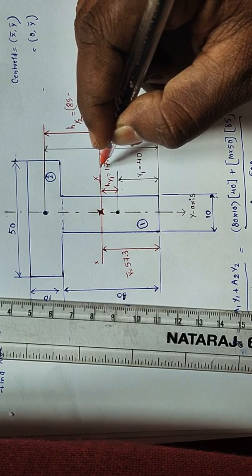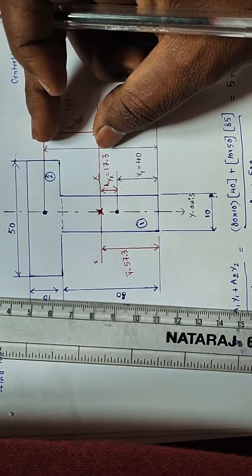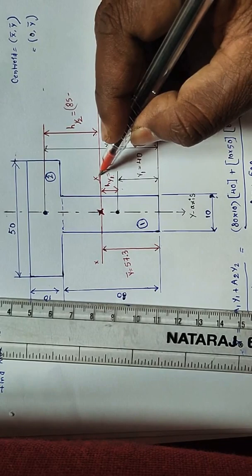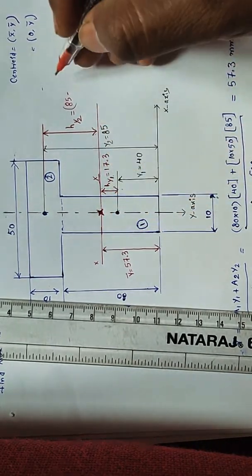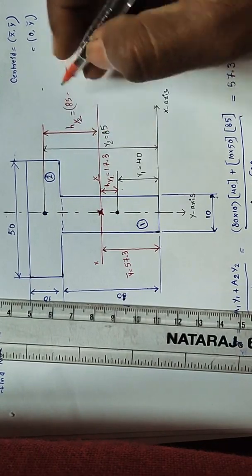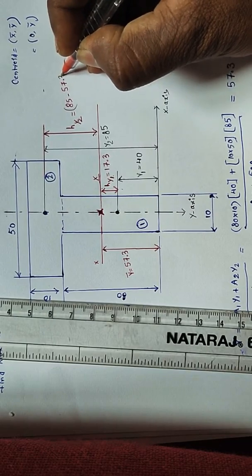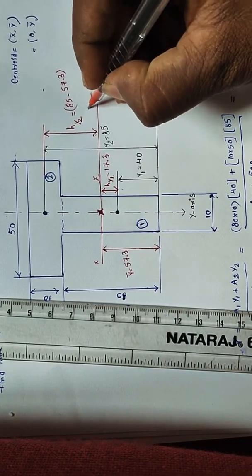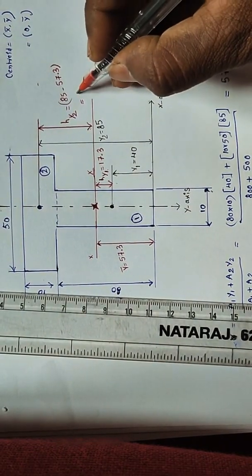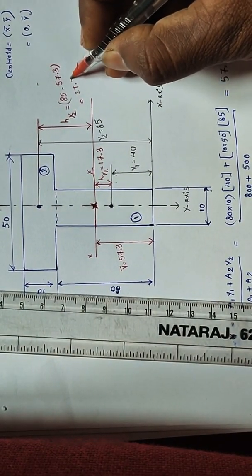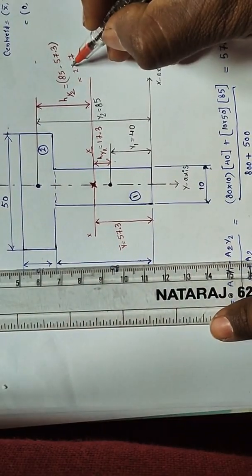If you deduct this value, you will get the distance between these two axes. From here to here it is y bar, 57.3. So total is 85, and if you remove this 57.3, 85 minus 57.3, you may get some 27.7. So this is hy2, 27.7.